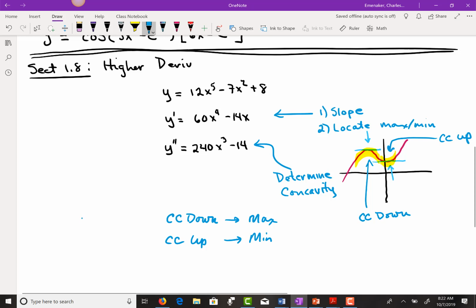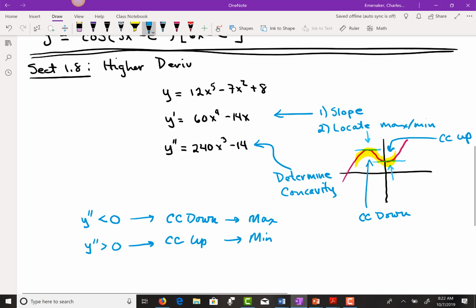Concave down occurs when the second derivative is less than 0. The second derivative greater than 0 means you're concave up and at a minimum.